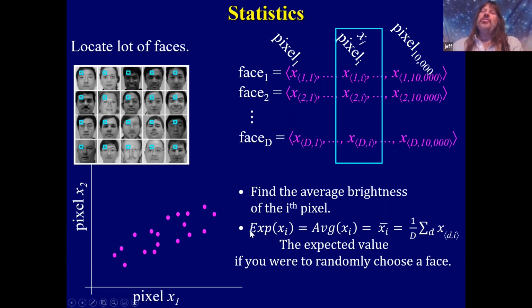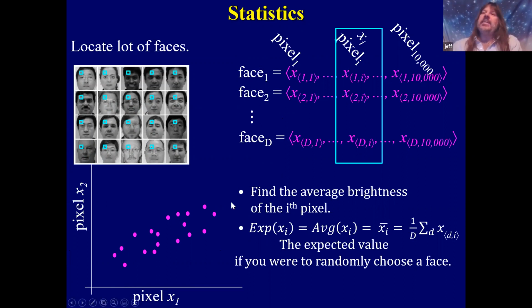And as soon as you talk about expectation, you need to have a probability distribution. So our probability distribution is: we have all these faces, choose one of them randomly, because this is all the data we have. We could say choose a face from the universe randomly, but we don't.